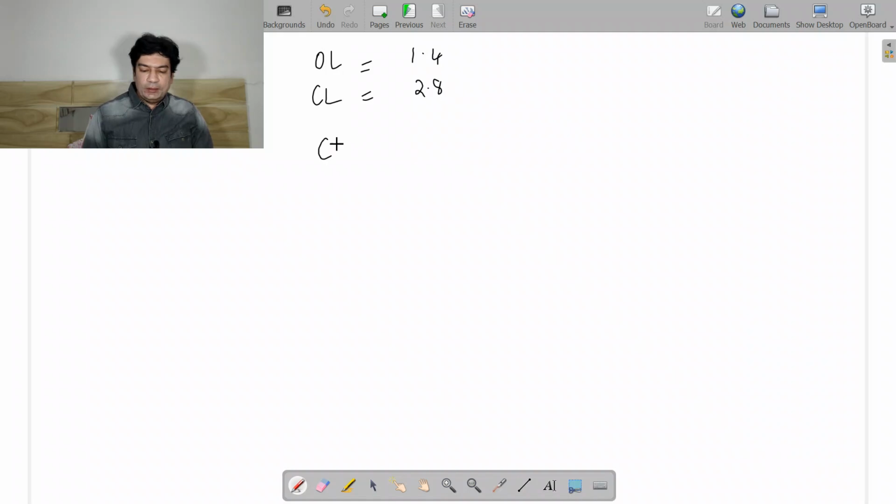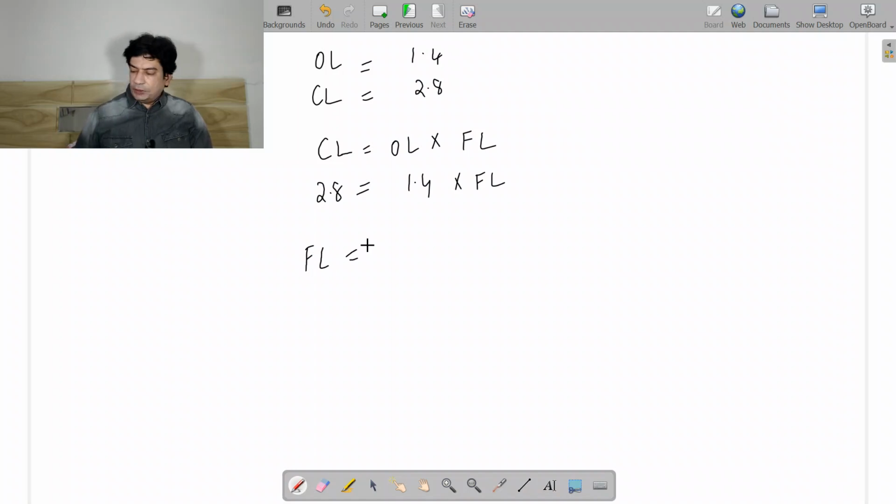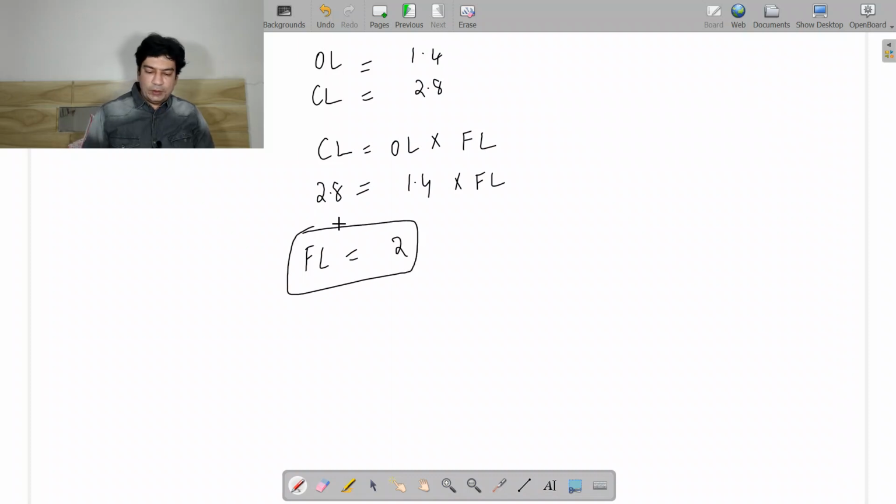We know that the combined leverage is nothing but the operating leverage into the financial leverage. So 2.8 is the combined leverage, operating leverage is 1.4, and we need to find the financial leverage. So financial leverage will be 2.8 divided by 1.4. So the financial leverage we are going to get is 2.